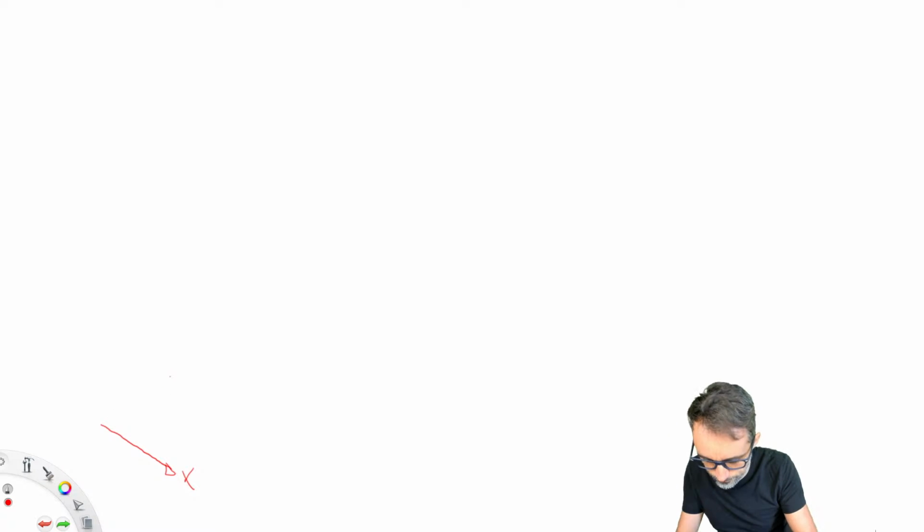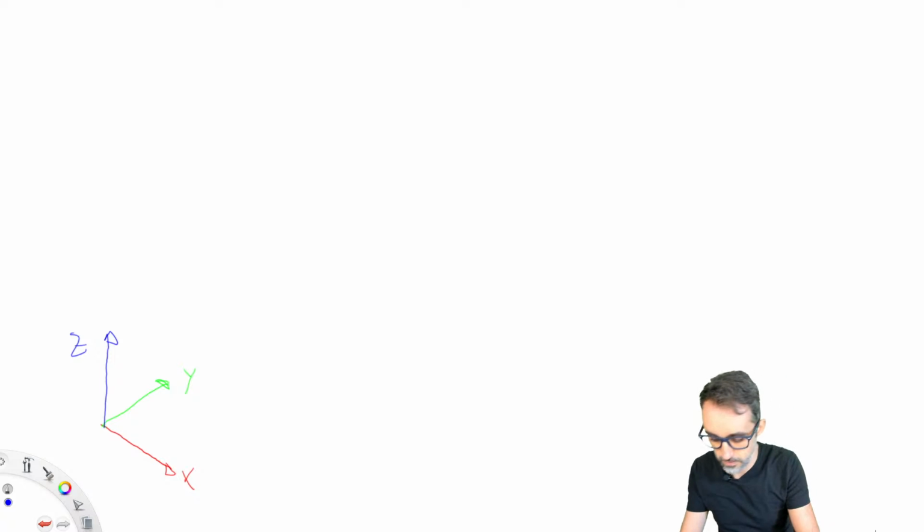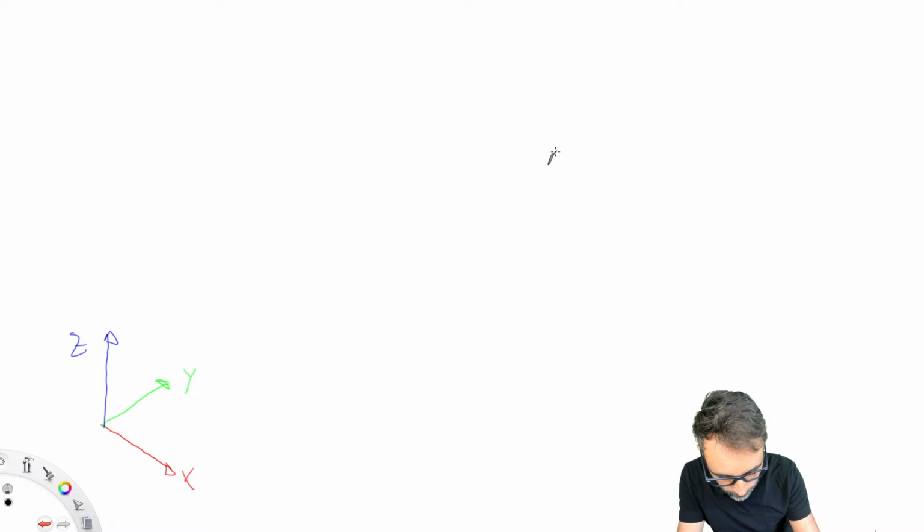So let's start by doing this. Okay, so that is the global coordinate system. X, Y, and Z. Then the next layer, we have a point here.